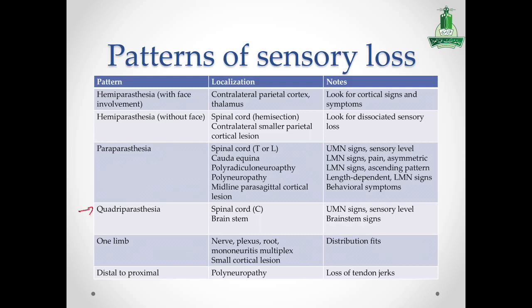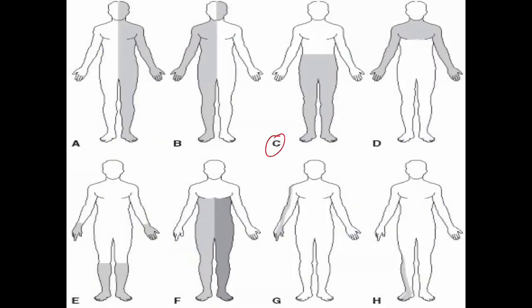The first one is quadriparesthesia. It is very similar to paraparesthesia. Here in C, we saw paraparesthesia, where there was a lesion that had a sensory level. It included both lower limbs, and this is paraparesthesia. However, if there is a lesion at the cervical cord level, it will have sensory levels, and it will include the arms on both sides, and it would include the lower limbs on both sides as well.